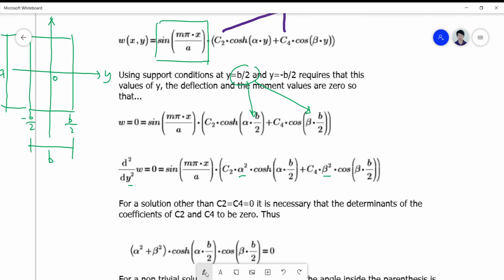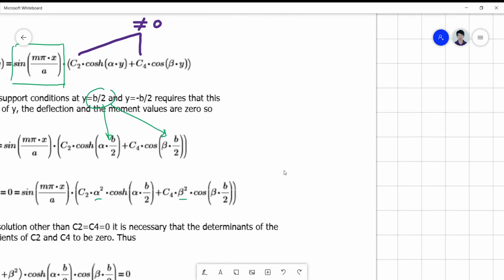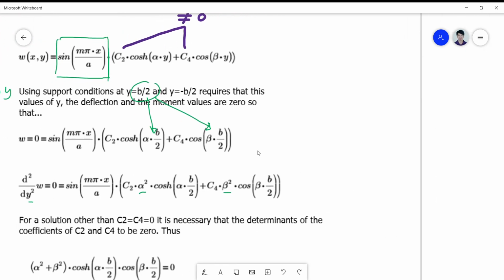Okay, so this is now my determinant. If I make this as a matrix, I can plug in the values. Of course, this is just a coefficient, so this is now my coefficient of C2, which is simply this.